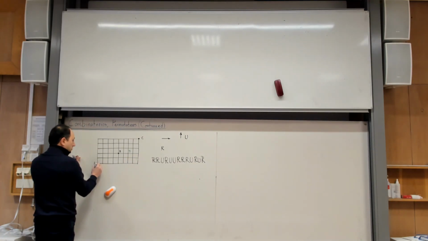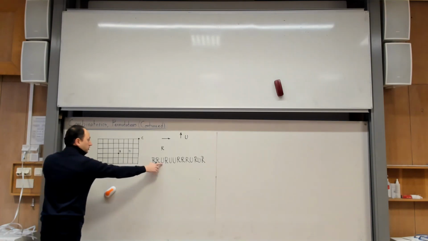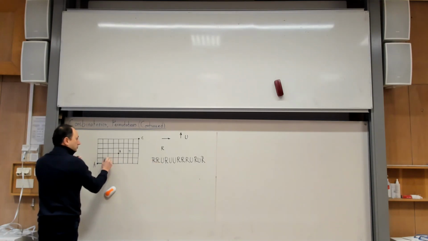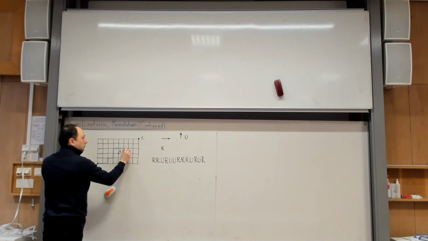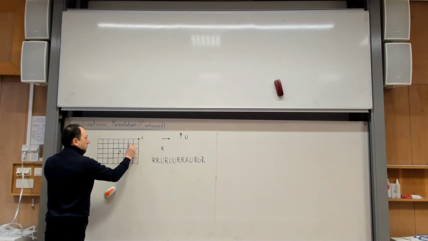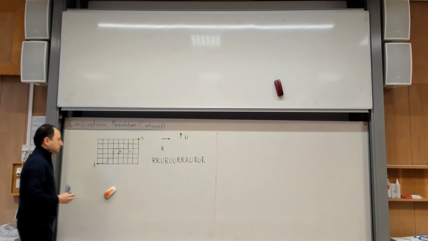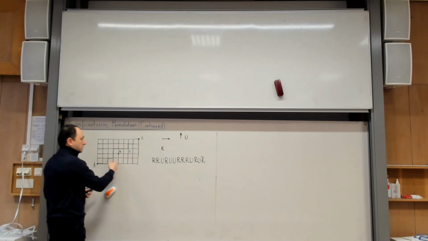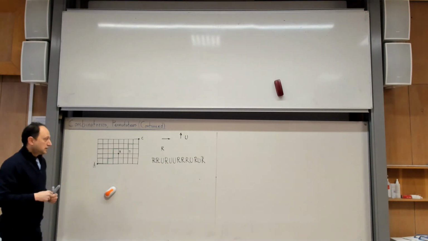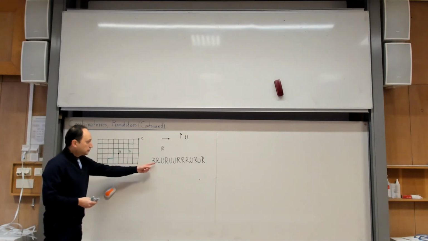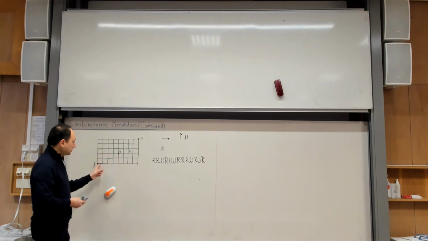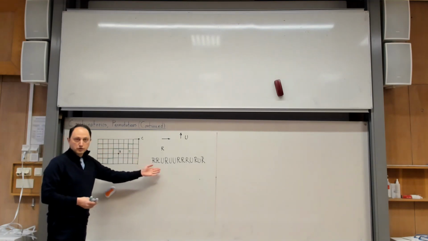So I start from here, go here, and then 1 unit up, I go here, and then 1 R and 2 ups, and then 3 R's, and then 1 up, 1 R, 1 U. So this road is actually coded by this string of R's and U's. It is clear that each code like this corresponds to exactly one road, and each road corresponds to a code similar to this.